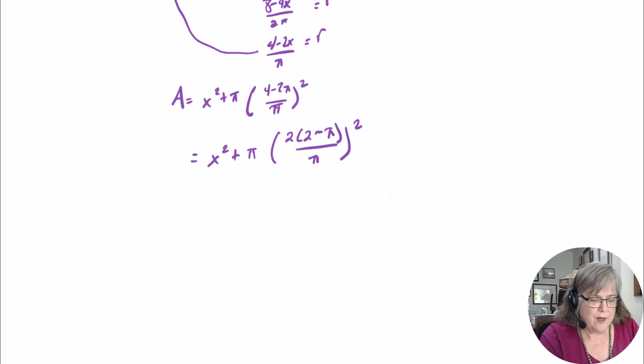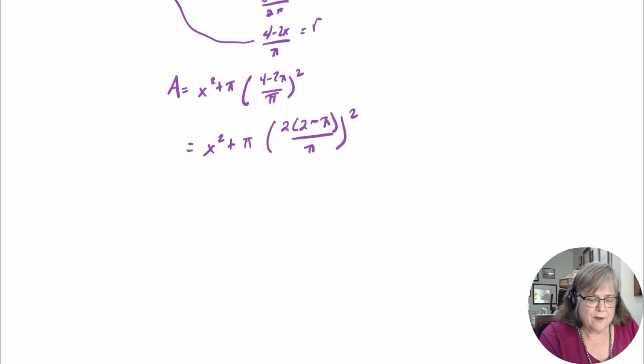Squared. Okay so far? So this is x squared plus, now this square applies to the 2 and to this part. So that 2 is actually a 4. So you have pi times 4 times (2 minus x). Somehow my x's have become pi's.